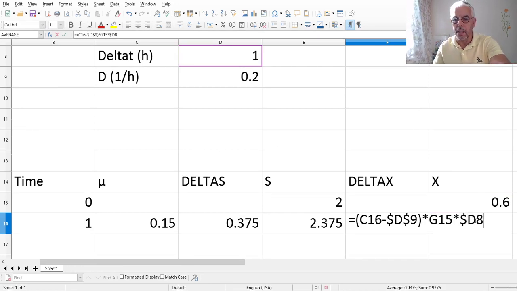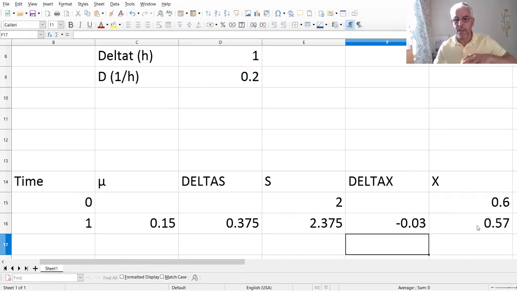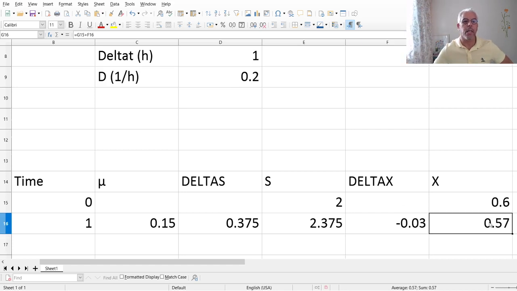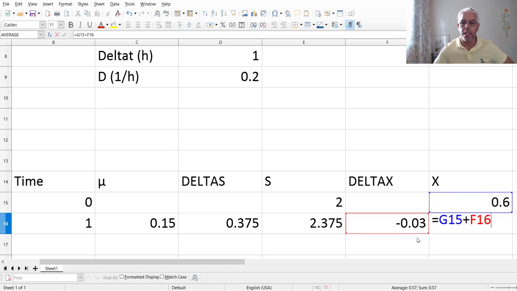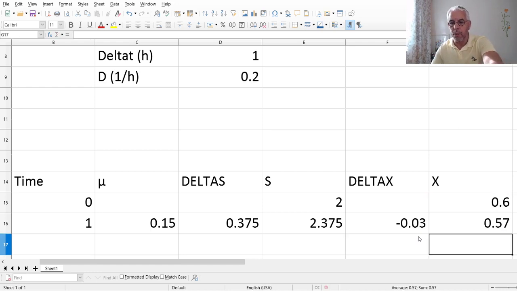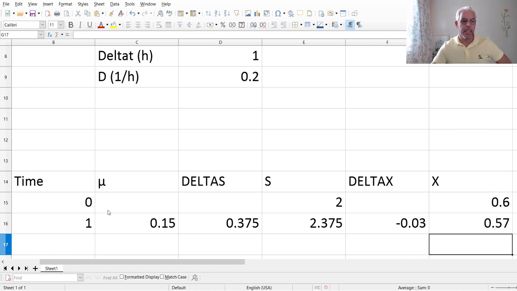So that's a constant also. And that's negative because mu is smaller than D. And basically X is just the value of X we had before, which is 0.6, minus 0.003, which will give us 0.597.